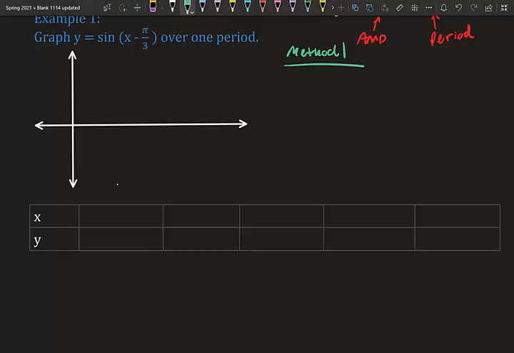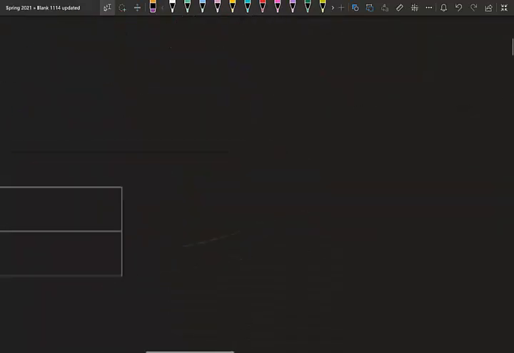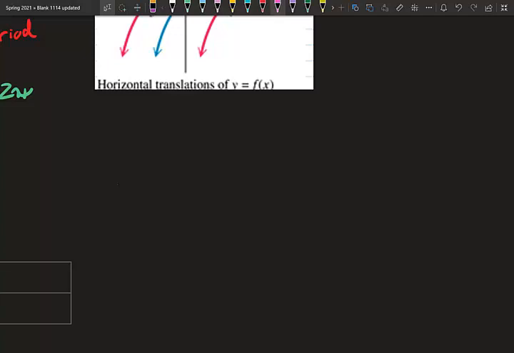To do this, we're going to set 0 less than or equal to x minus d, less than or equal to 2 pi. This is going to find our period. Let's make a note somewhere there's room.